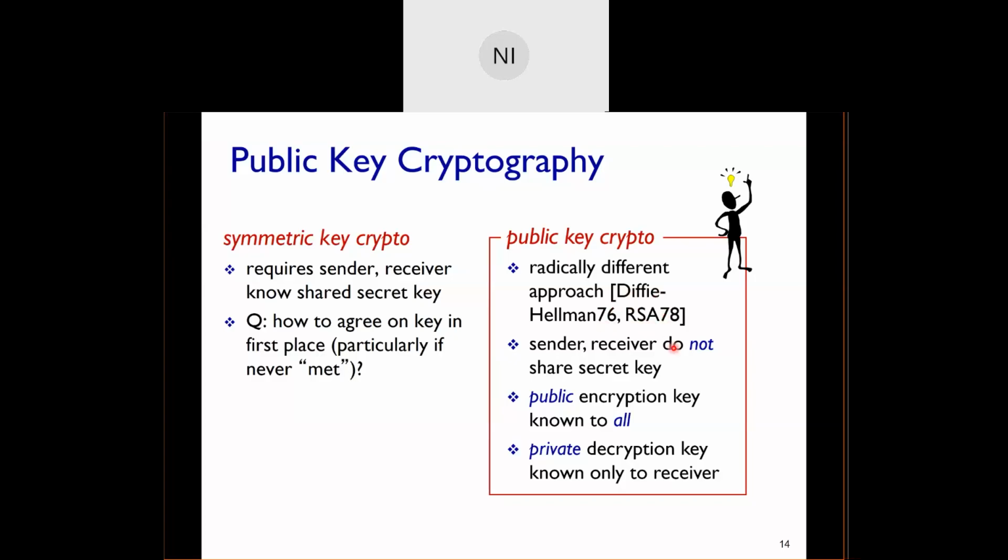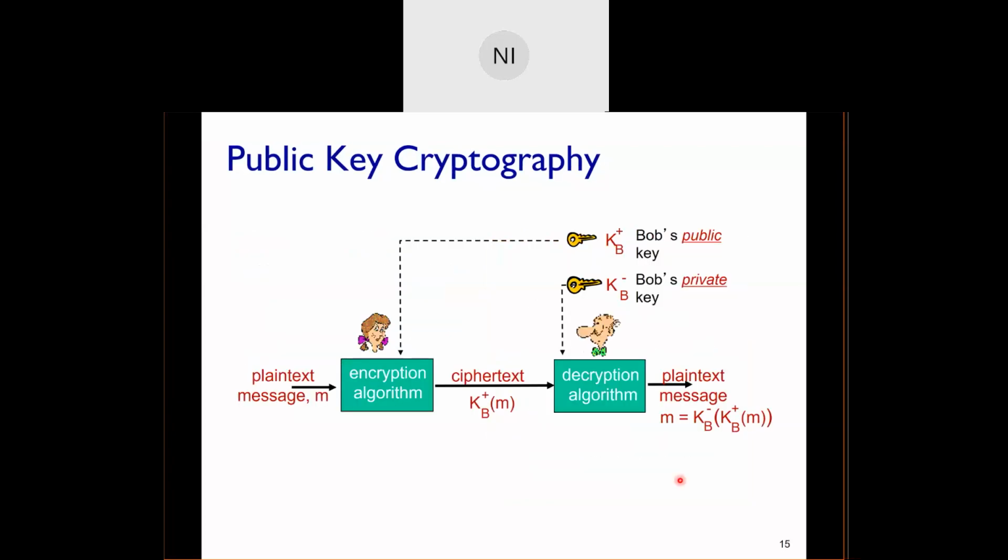The beauty of public key cryptography is that the sender and receiver need not have a shared secret key. We have something called a public key, which is known to all, and a secret or private key, which is only known to the receiver. How it works is like this. Here Alice wants to send a secret message to Bob. Alice takes the plain text and submits it to the public key encryption algorithm, which requires a key, in this case the public key of Bob.